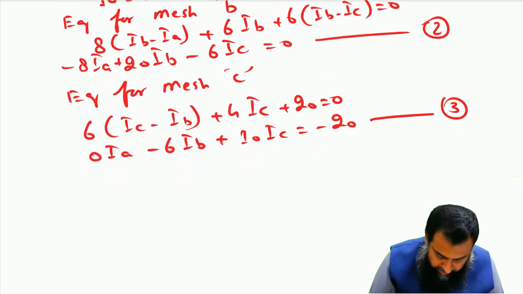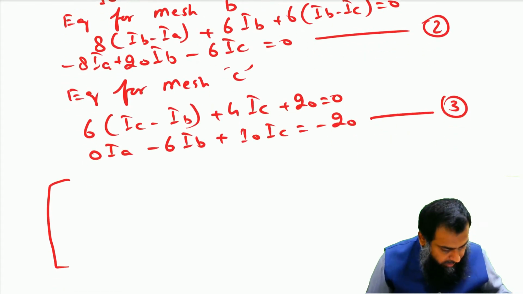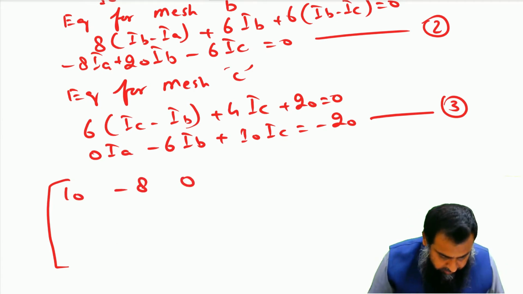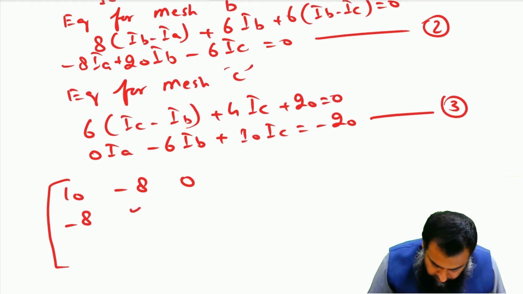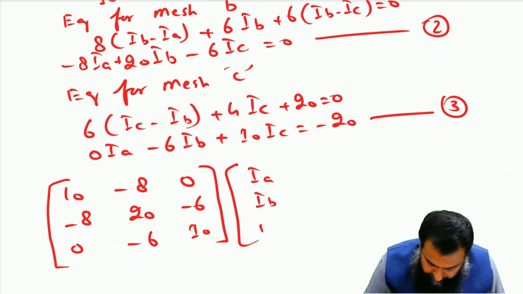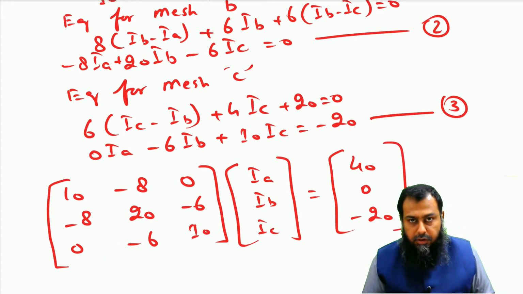In terms of the matrix we have 10, minus 8, 0, then minus 8, 20, minus 6, and 0, minus 6, and the last one is 10, multiplied by IA, IB, IC, and that is equal to 40, 0 and minus 20.